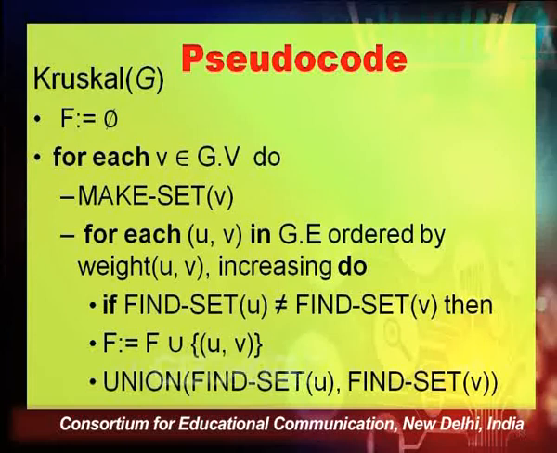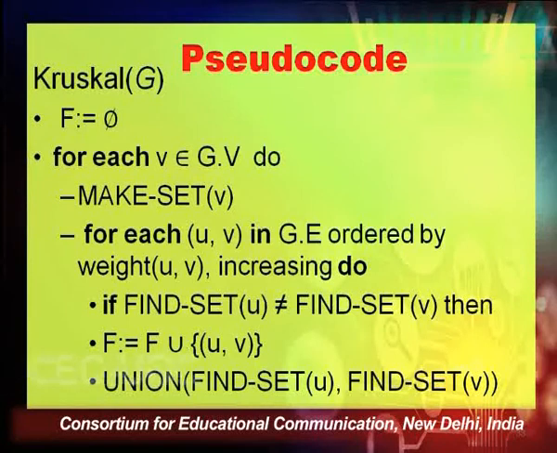And for each UV, that means for each edge in the edge set, which is G dot E, and that edge set, as I have already told you, is ordered by weight in increasing order. So within that list containing edges in increasing order, for every edge we need to check if find set U is not equal to find set V. What does that mean?